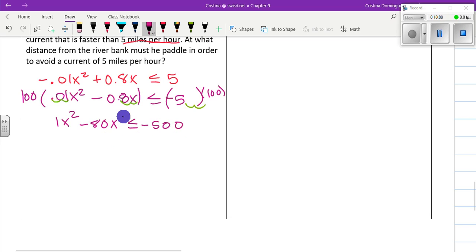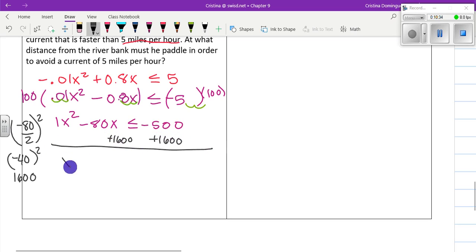Now I need to find my perfect C. The perfect C is going to be half of 80 and then I square it. So that's negative 40, and I square that, 1600. I'm going to add that to both sides, plus 1600, plus 1600.